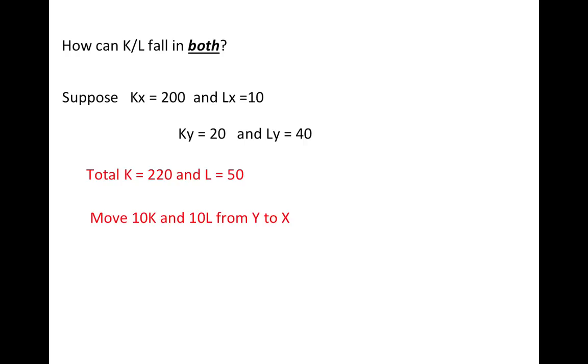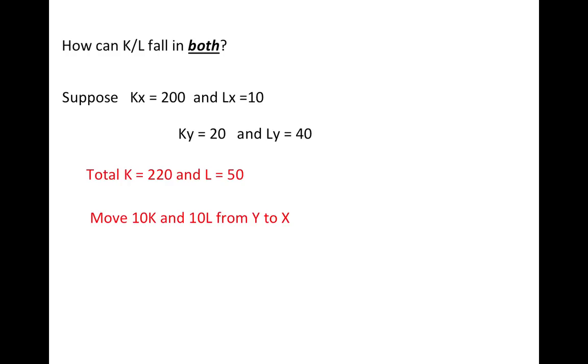And let's suppose that the price of X has changed, and we move both labor and capital from good Y, from the labor-intensive sector into the capital-intensive sector. So we're contracting in the Y sector overall. You're reducing both types of inputs.